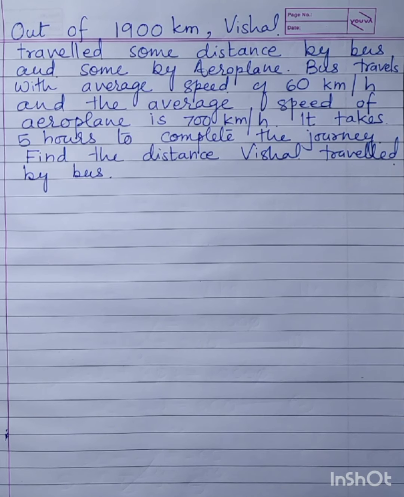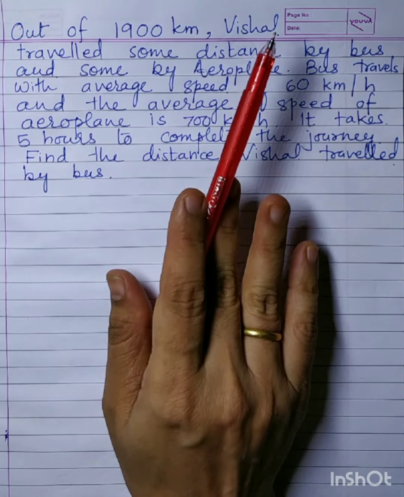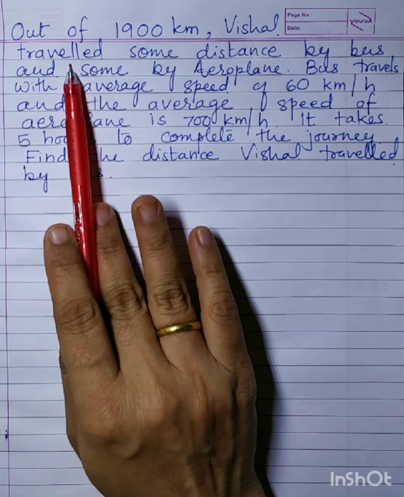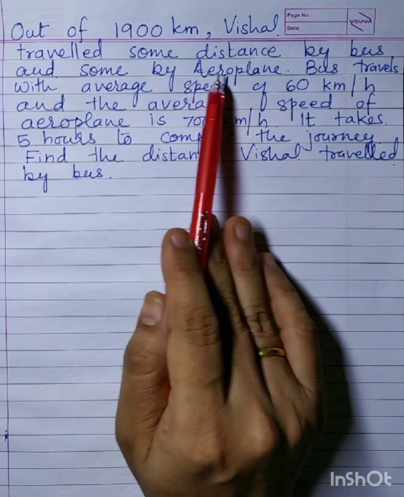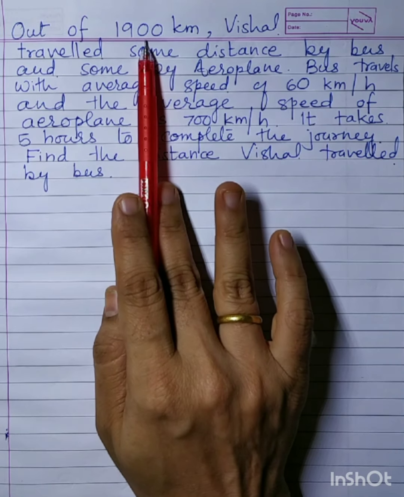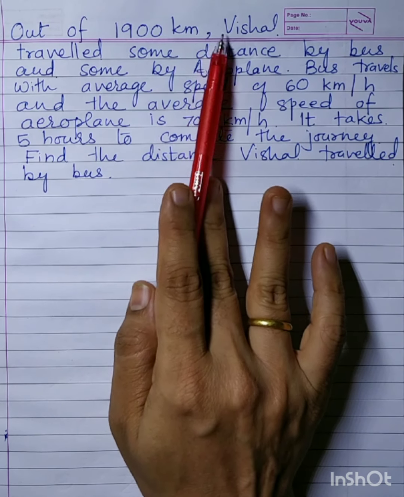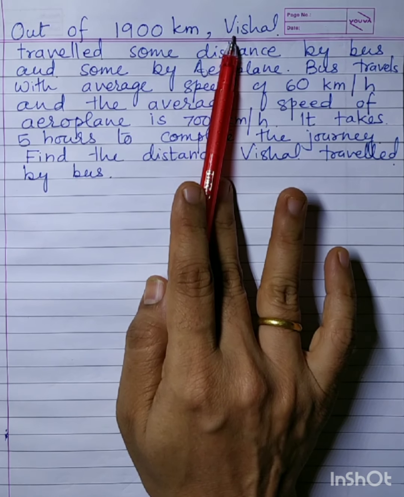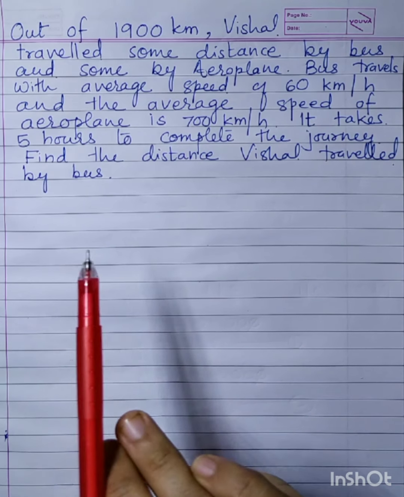See the next problem. Out of 1900 kilometer, Vishal travelled some distance by bus and some by aeroplane. First statement, is it clear to you? Total distance of 1900 kilometer is being covered, and some part of it was travelled by bus and remaining by aeroplane.